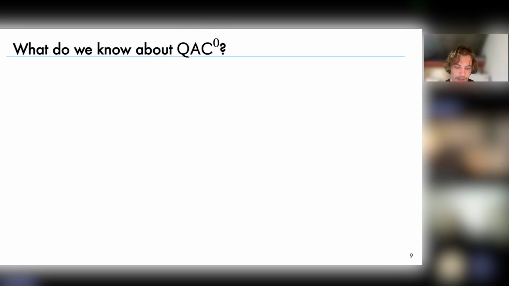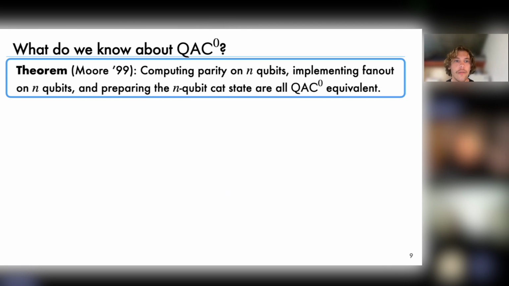Before I get to why that subtle difference is there, I'll first talk about what we know about QAC0. So this class was first defined by Moore in 1999, and one of the things he shows in that work about QAC0 is that the following three tasks are all QAC0 equivalent, meaning that if you had a QAC0 circuit that did one of these tasks, you could then bootstrap it into another QAC0 circuit that did any other of these tasks.